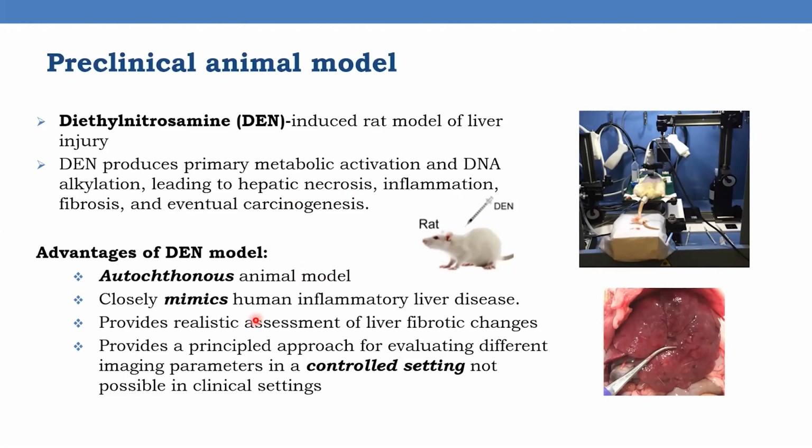It closely mimics human inflammatory liver disease, therefore providing a realistic assessment of liver fibrotic changes. And most importantly, it provides a principled approach for evaluating different imaging parameters in controlled settings that are not often possible in clinical settings.